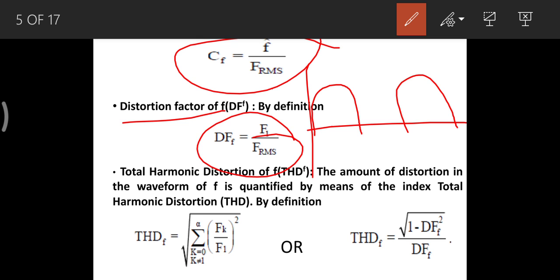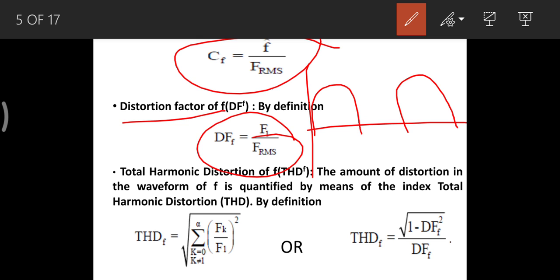Next, total harmonic distortion, THD. Total harmonic distortion is also one important factor for power electronics. Why? Because how much harmonic distortion is present is also very important.